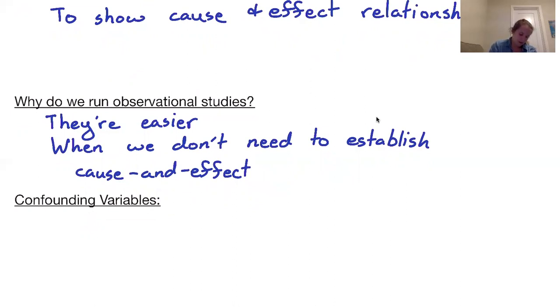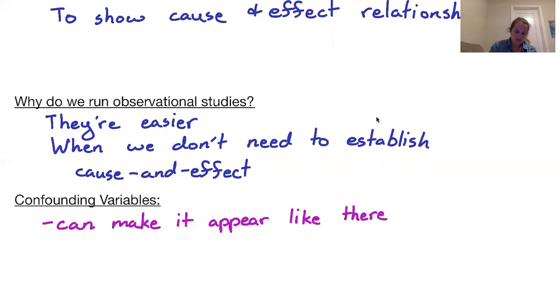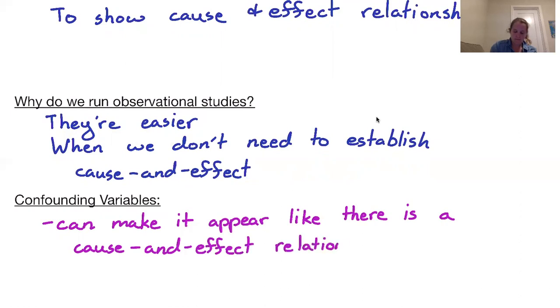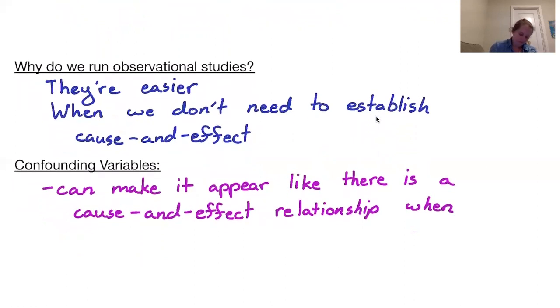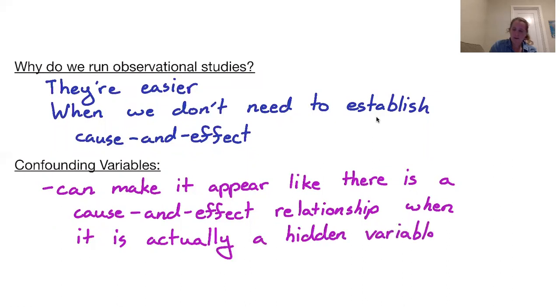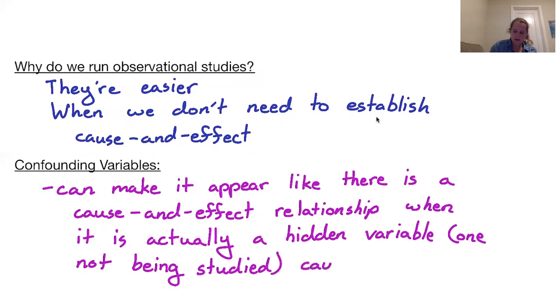So confounding variables can make it appear like there is a cause and effect relationship, when it is actually a hidden variable, by which I mean one not being studied, causing the pattern.